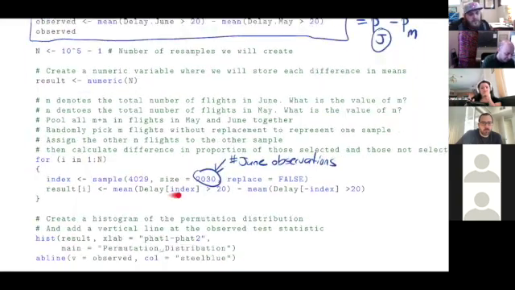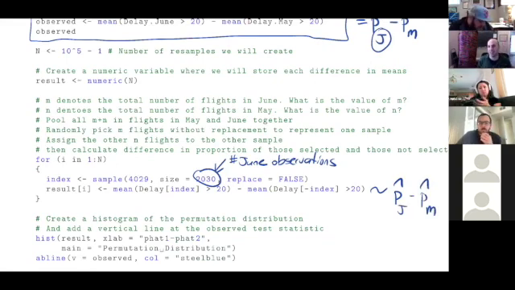It's going to pick off a bunch of them and assign them to the first sample and say what proportion of these things were delayed for more than 20 minutes. All of the rest of them go over here. And so now this is calculating the difference in these two proportions. So this result is giving us a whole distribution of different ways that things could have been sent to June and May.